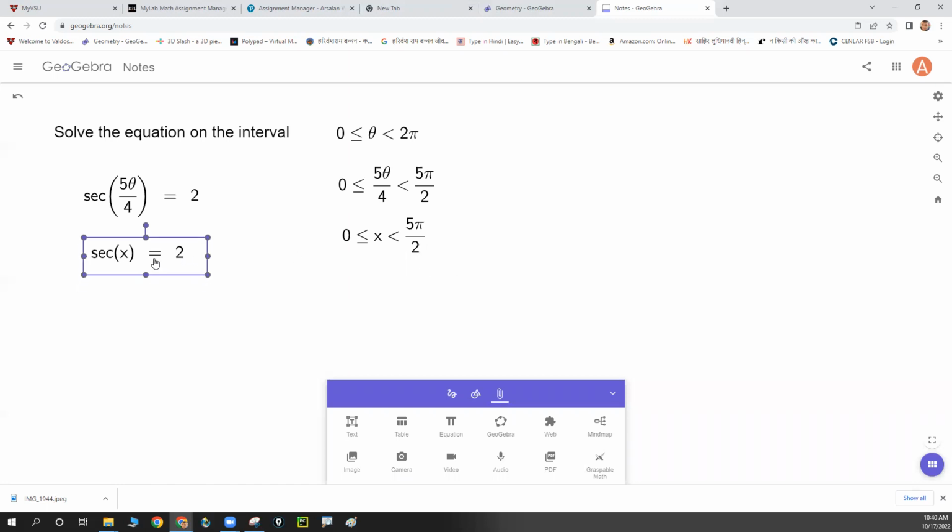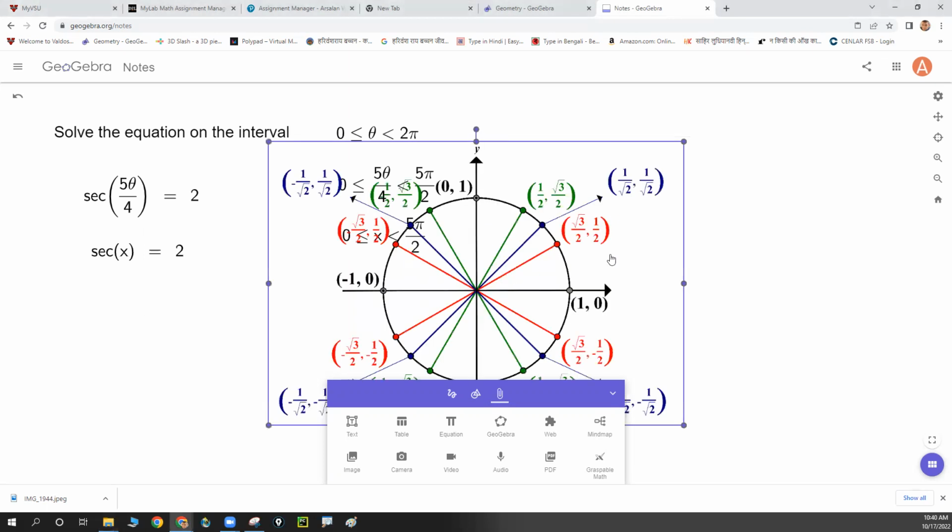So what do we have here? We have secant x is equal to 2. I will use the unit circle. Let me grab the unit circle. It'll take me a couple of seconds. So I'm going to use the traditional unit circle with everything visible.